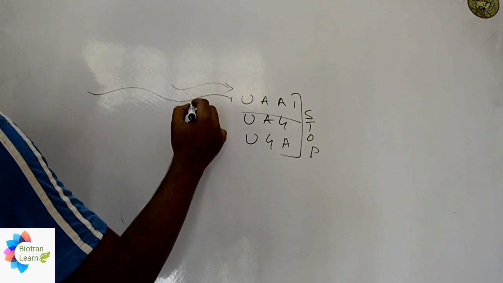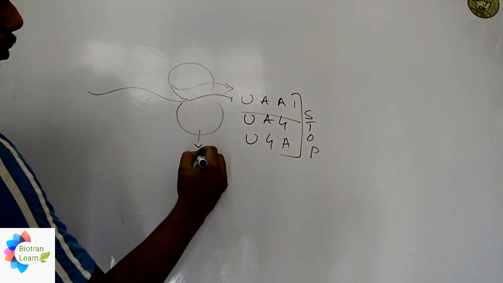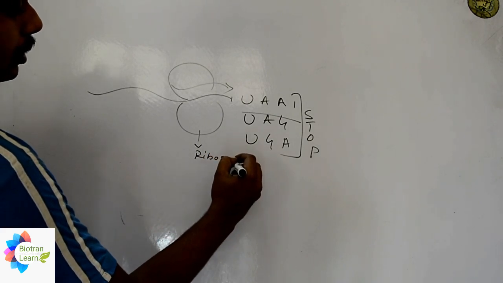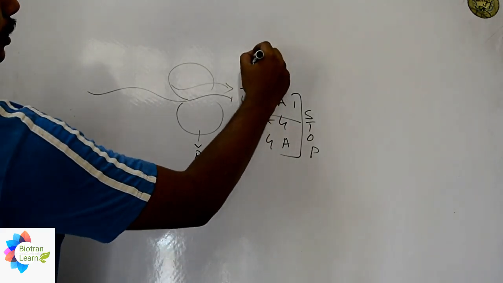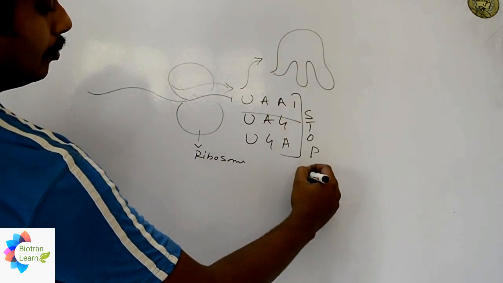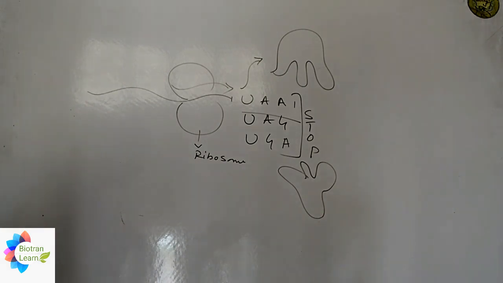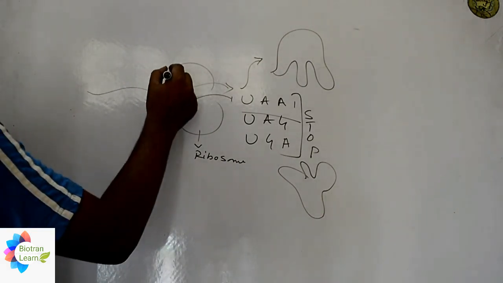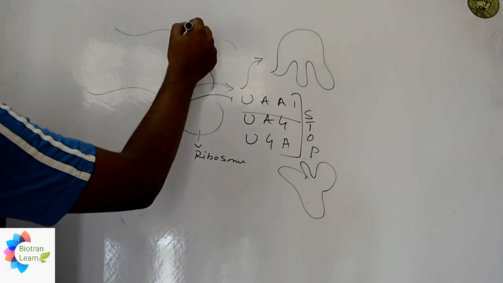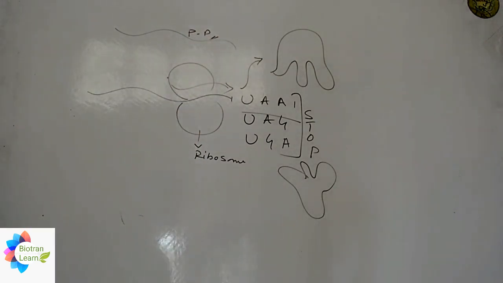When the ribosome comes to this section, the different parts of the ribosome will be released, and the polypeptide it has produced earlier will also be released from this section.